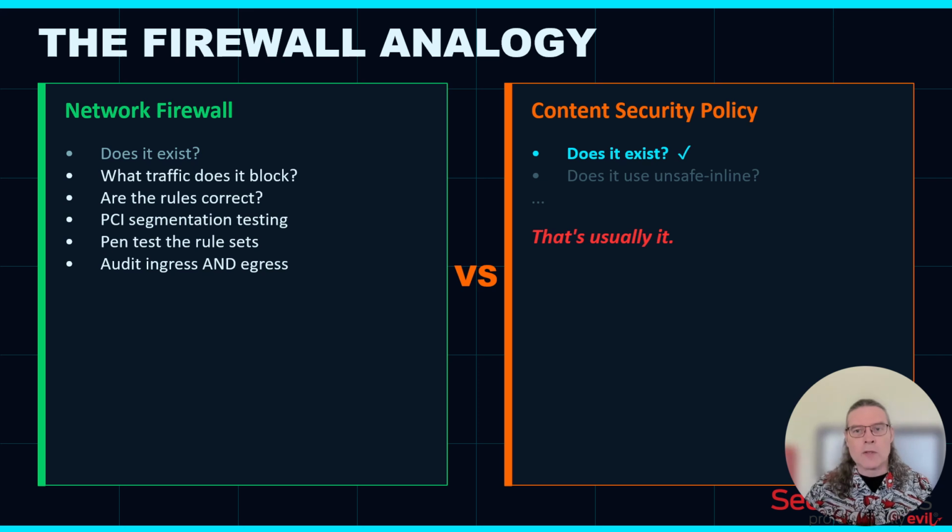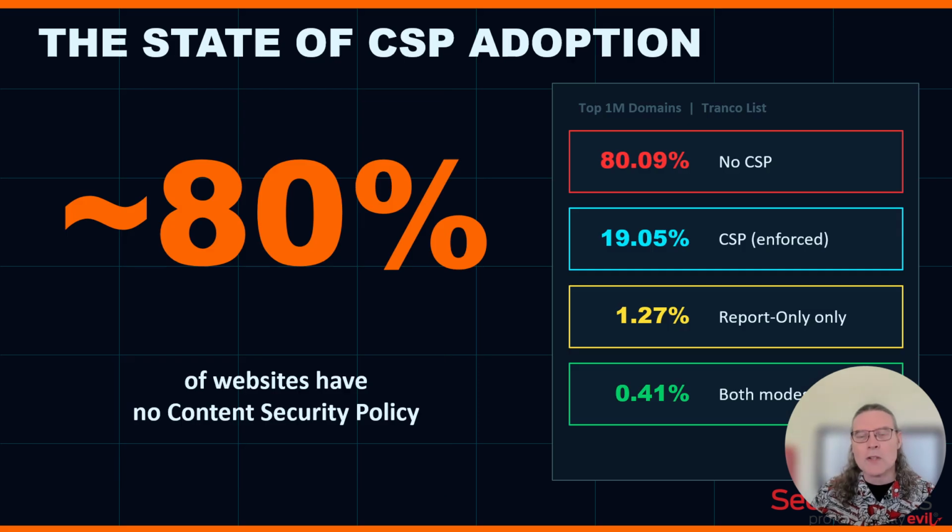And, oh, yeah, you do. Okay, you're done. Maybe we'll ask, does it have unsafe inline or some sort of directive in there that's known to be bad? But that's pretty much as far as it goes, right? We don't really scrutinize the content security policy very closely. And so the result is we have a control that is there that is not used well.